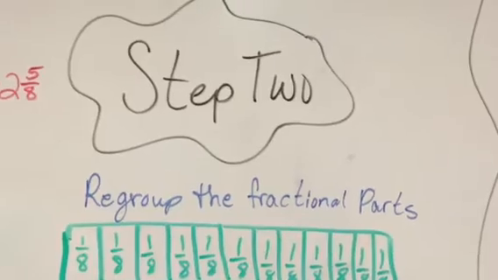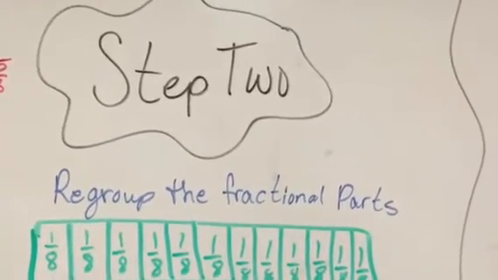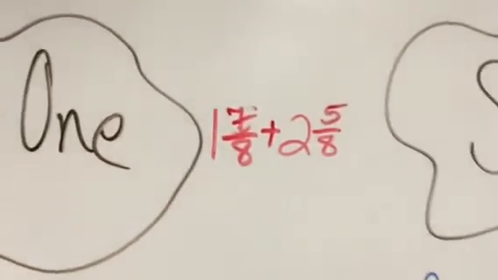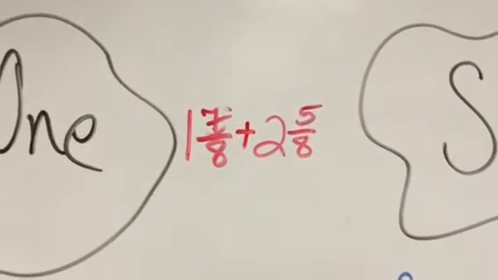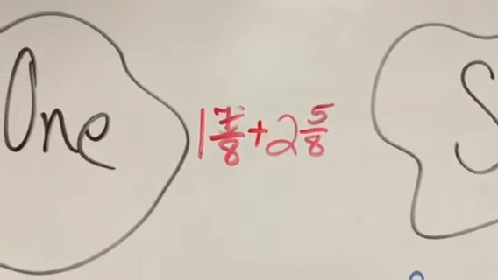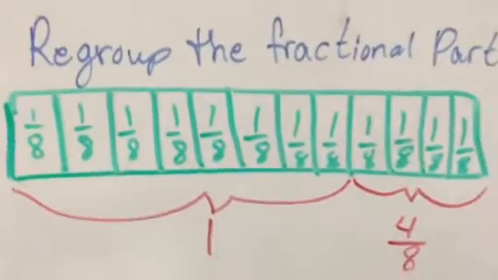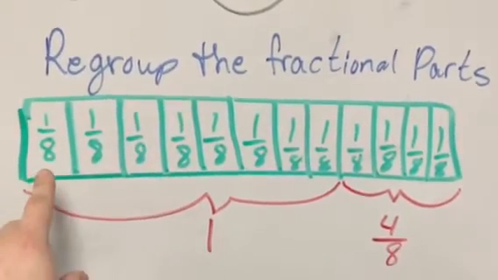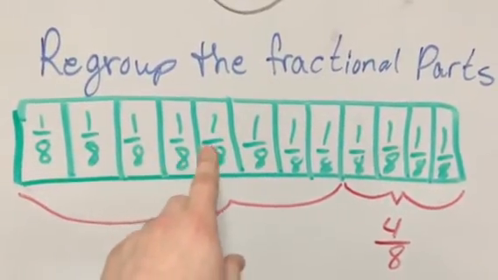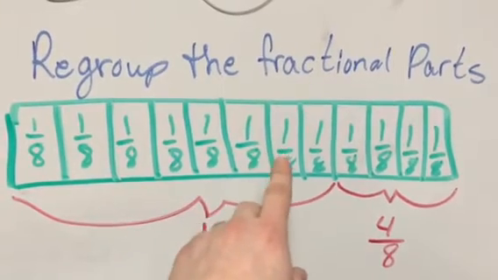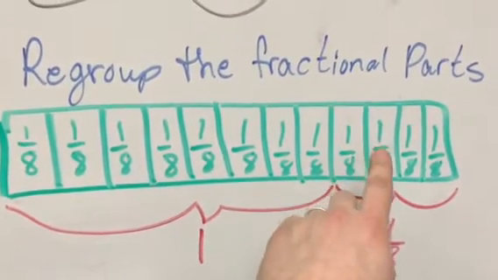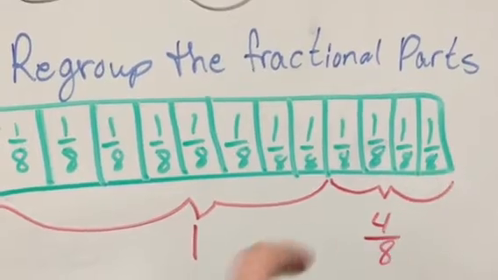Step 2 says to regroup the fractional parts only. So for this one, we're looking at 7/8 and 5/8. So we add 7 plus 5 equals 12. So we're going to draw 12/8. 1/8, 2, 3, 4, 5, 6, 7, 8, 9, 10, 11, 12.